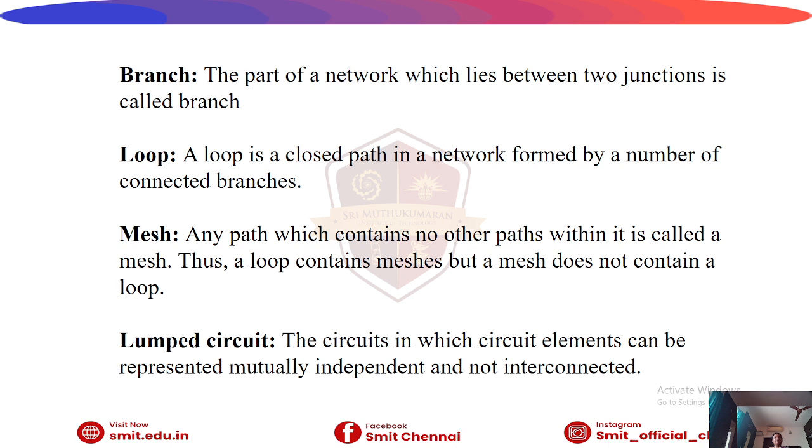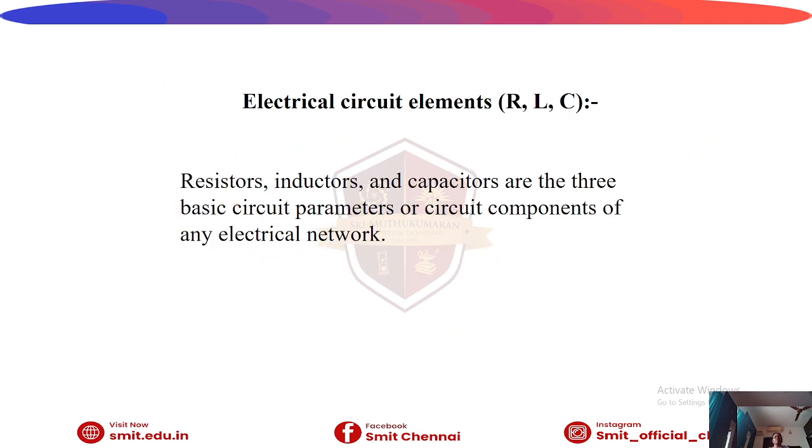A mesh is any path which contains no other paths within it. Thus, a loop can contain meshes, but a mesh does not contain a loop. Next, lumped circuit. The circuit in which circuit elements are mutually independent, not interconnected. That is, the circuit elements can be separated from the circuit.